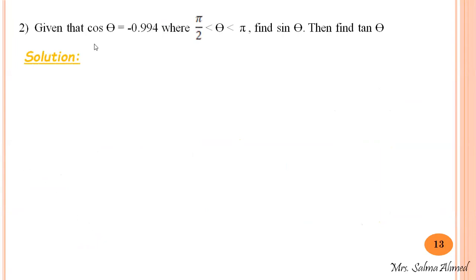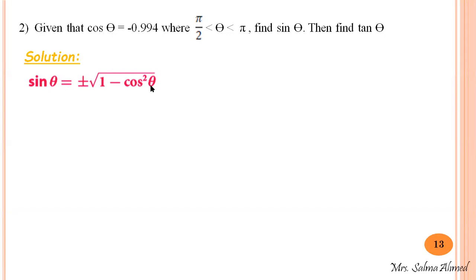Another one. Cosine theta equal negative 0.994, where pi over 2 is less than theta less than pi. So it's lying in this quadrant. Find sine and then find tan. To find sine, I'm going to use this rule: sine equals positive or negative root 1 minus cosine squared theta.